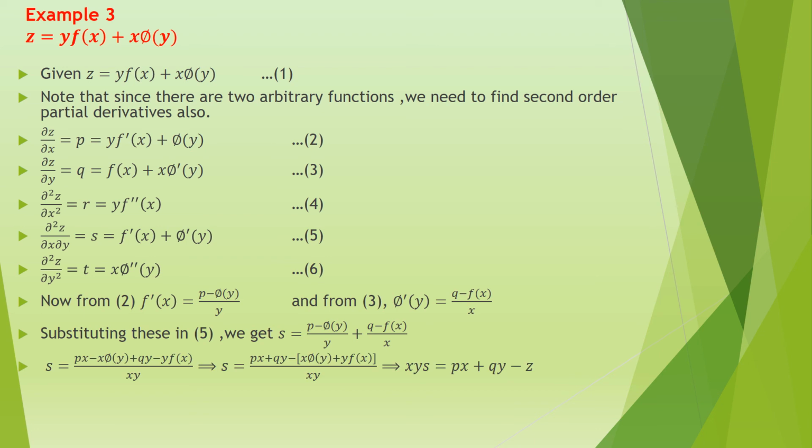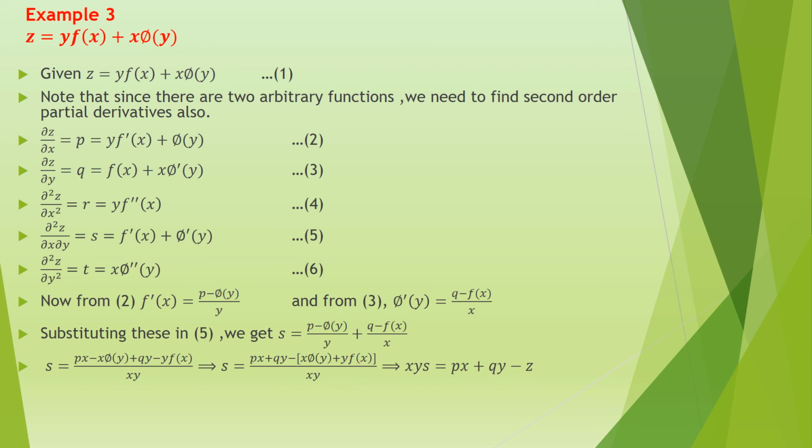See, px minus x phi of y plus qy minus y f of x divided by xy, which implies s equal to, let me simplify by taking similar terms together, px plus qy minus, taken outside, x into phi of y plus y into f of x, divided by xy.